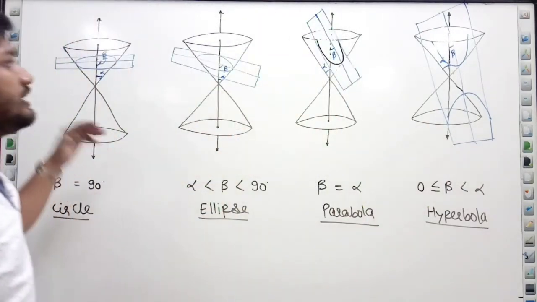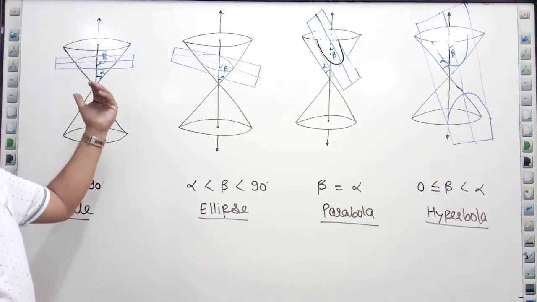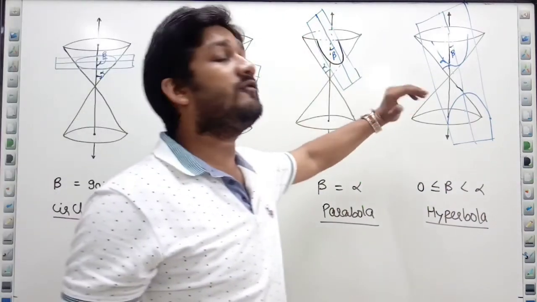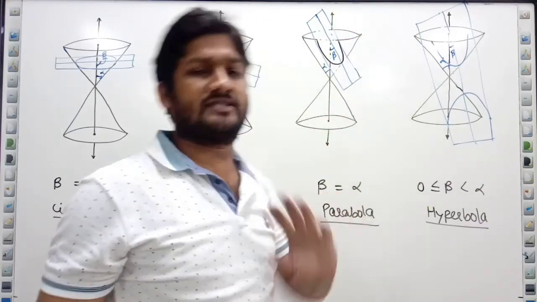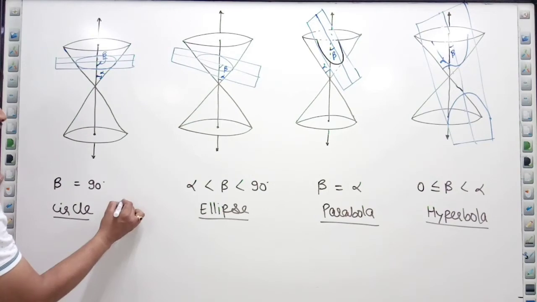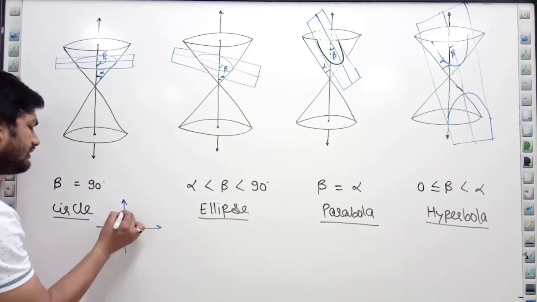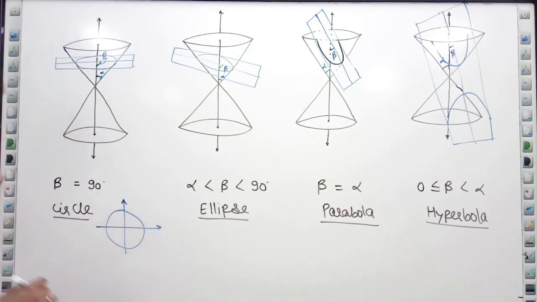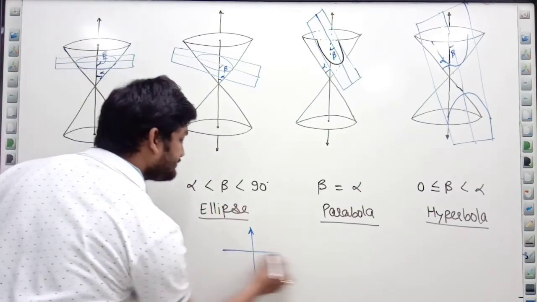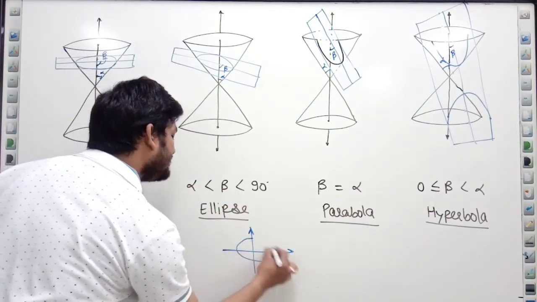In the previous three, it will be intersecting on one side. जैसे मैंने in my diagram I have shown the upper side, but in a hyperbola it will intersect the upper as well as the lower side. How the shape of a circle is, you already know. This is a circle. Elliptical shape, you can see the shape is like this.